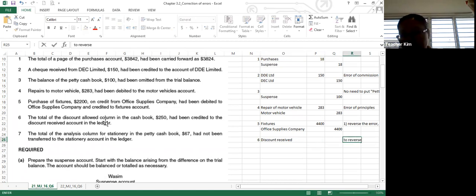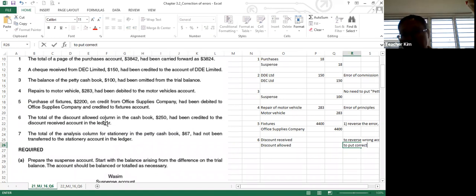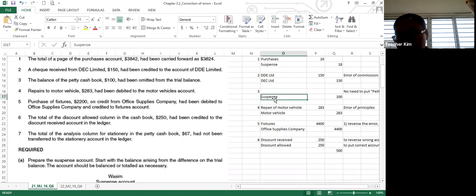Second, we have to put in the correct one, discount allowed, also in the debit. So 2 entries but different accounts. So 250, 250. And this credit side will be doubled up in the suspense account. So suspense account will be doubled up, 500.